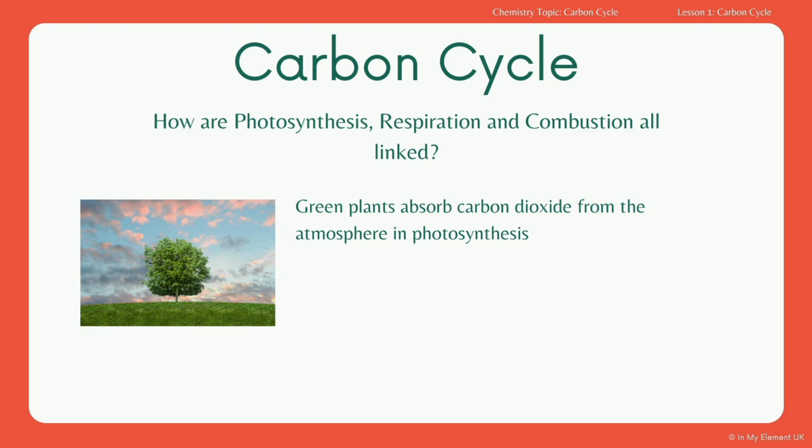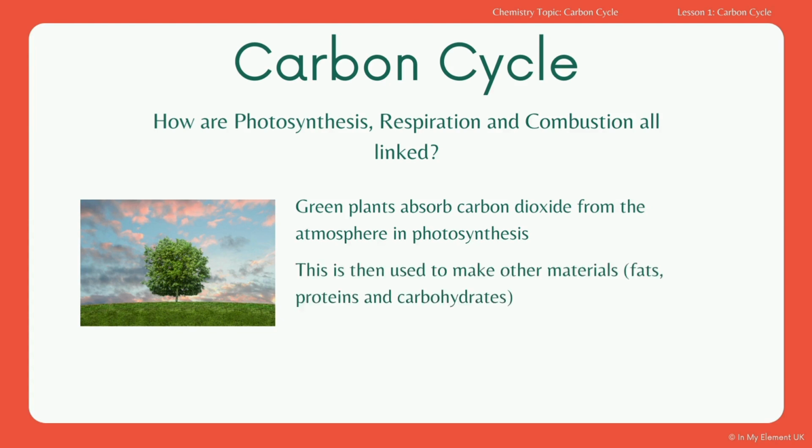So the plants are able to make their own food in the form of glucose, which means we call them producers. That's photosynthesis, and when they have absorbed that carbon dioxide, it's then used to make other materials, which we've just referenced when we've talked about glucose, which can then be stored as starch, which is a carbohydrate.